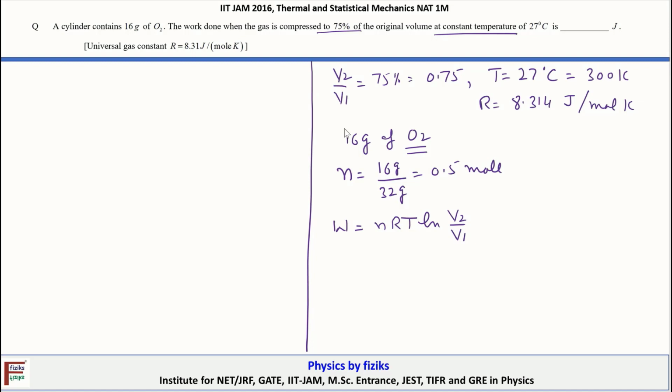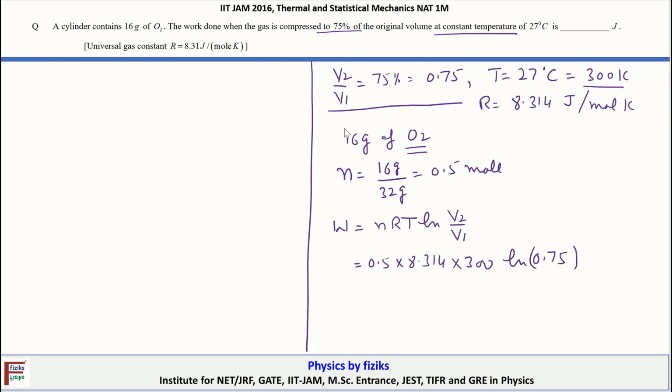So n we have evaluated, n is equal to 0.5, multiplied by R, which is 8.314, multiplied by the temperature, which is 300 Kelvin, and then ln, natural log, of V2 by V1. V2 by V1 is also given to be 75%, so ln 0.75.